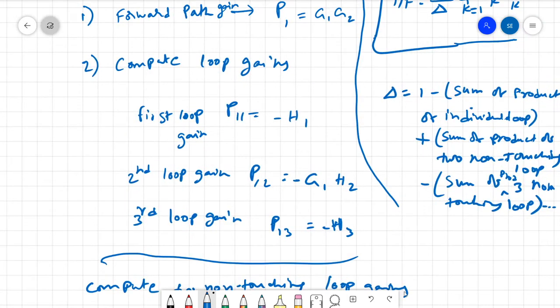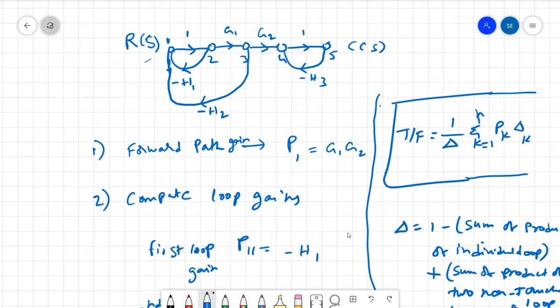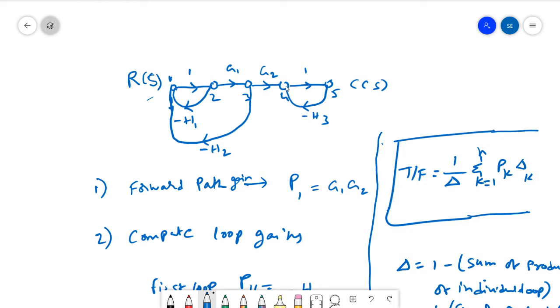The nodes of one loop shouldn't be the same nodes of the other loop. This loop, 4 to 5 and 5 to 4, and the 1 to 2 and 2 to 1 loop, are not touching; they have no common node. Similarly, this loop and the 1 to 3 feedback loop are non-touching.